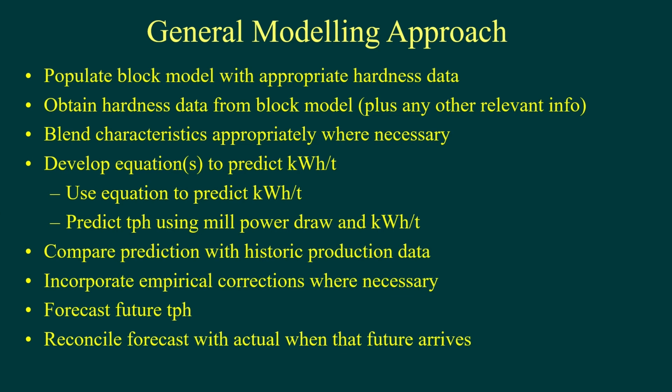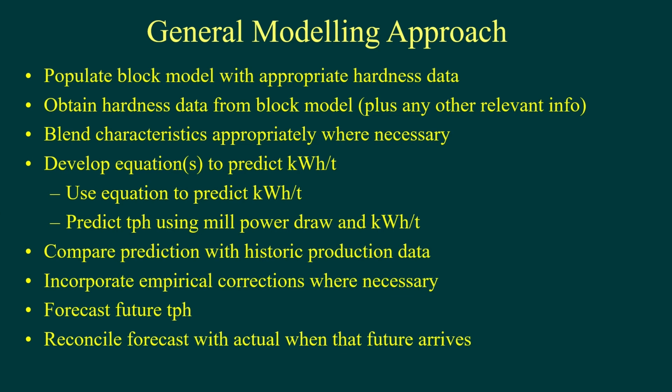And it varies from mine site to mine site to other information that could or could not be useful for developing your comminution modeling. Depending on the mine plan, then you'll need to probably blend characteristics from different blocks, because quite often material comes from different blocks in the pit as it's delivered to the comminution circuit.